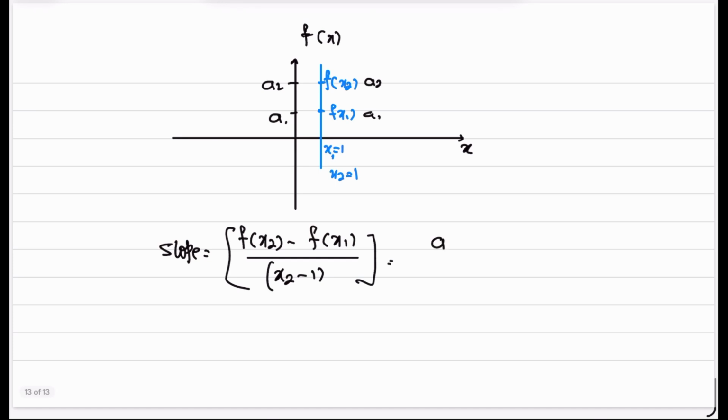Then a2 minus a1 divided by 1 minus 1, that is equal to some value a2 minus a1 divided by 0. That is equal to infinity. Something divided by 0 is infinity. That means the slope of a straight line parallel to y-axis or perpendicular to x-axis is infinity.